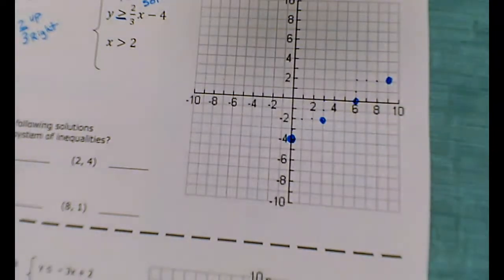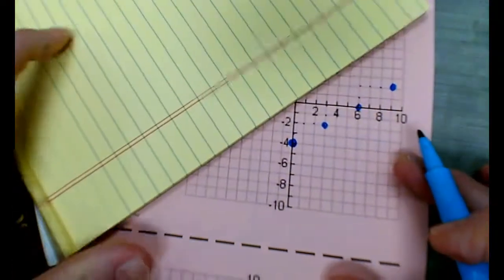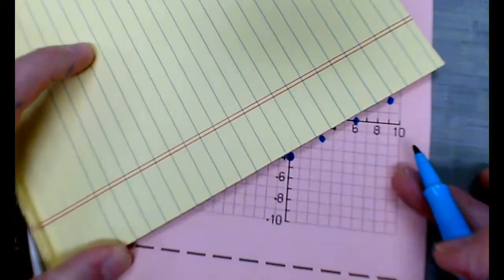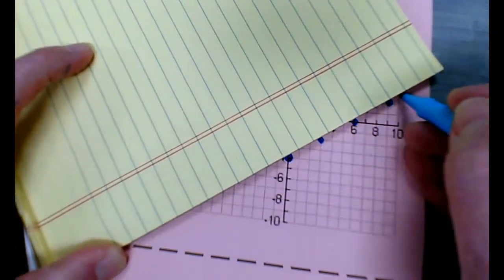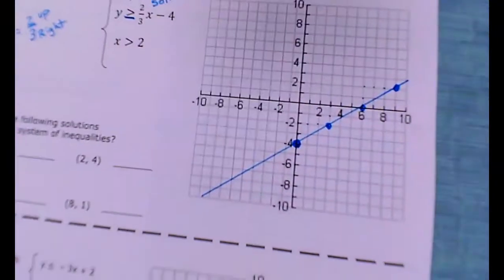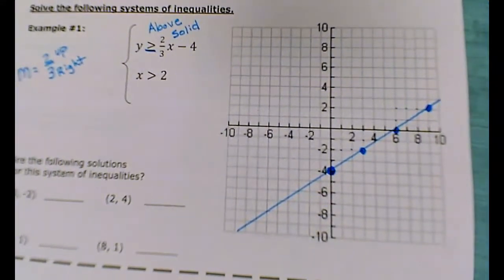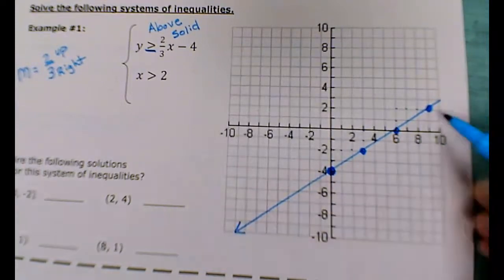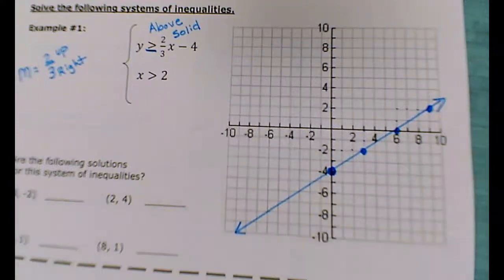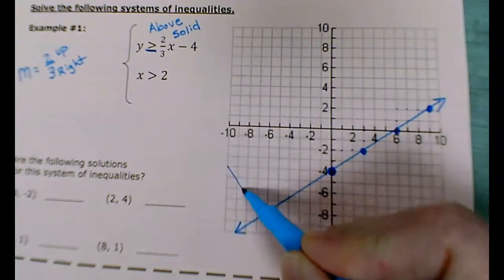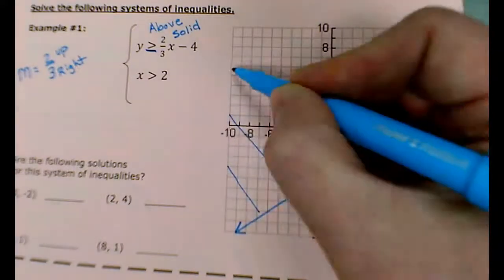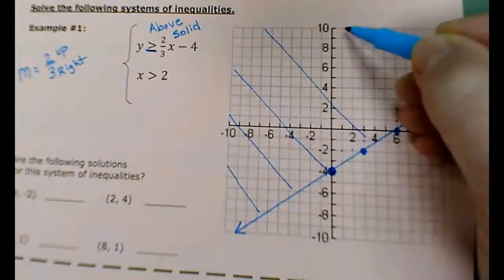Now, if you are using your Cami notes, you would go to Shapes and select a line and make a solid line across your graph paper. And then, because it's a greater than, I'm going to shade above my line.